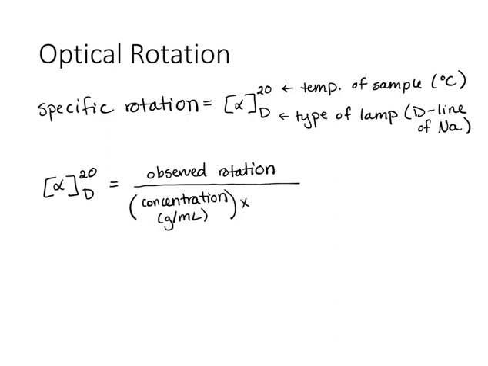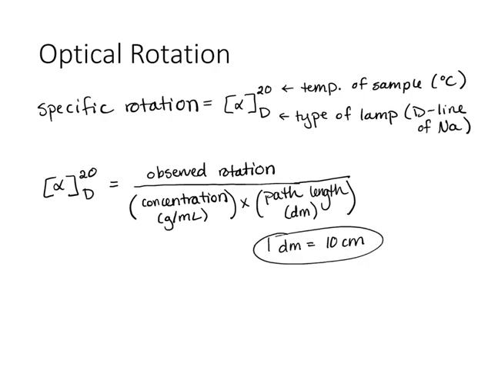And then we'll multiply that by the path length that the light travels through. And that will be in decimeters, which we don't really use very often. In fact, this is one of the few cases where we do use decimeters. Now, remember that 1 decimeter is equal to 10 centimeters. So that's just a quick note there.